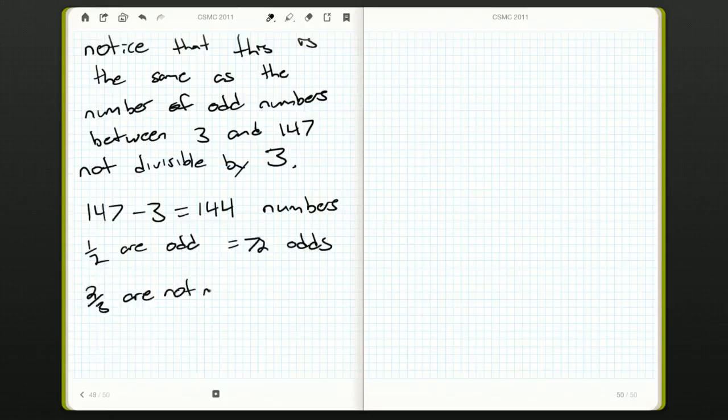2/3 are not multiples of 3. And that's why I chose a span of multiple of 3. That way this fraction is going to turn out to be just fine. So 72 divided by 3, that's 24, times 2, that's 48.